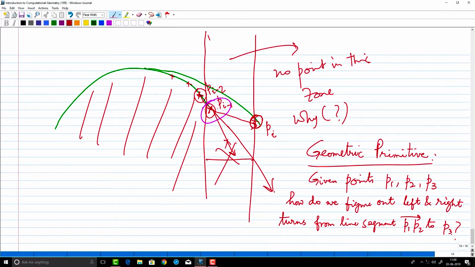Essentially what you have to do is compute this determinant, and based on whether it is positive or negative, you can determine the direction, right. This is an exercise, I leave this as an exercise to you.